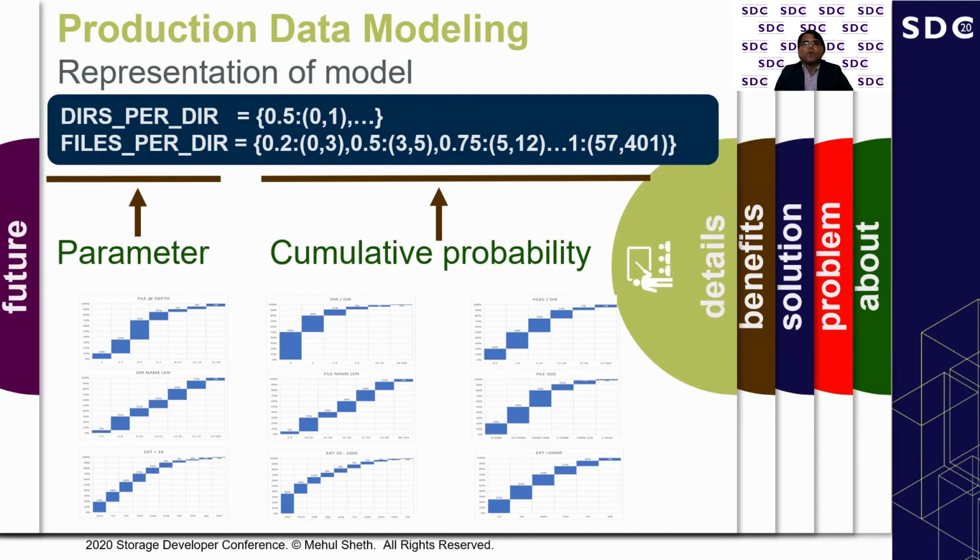Now, fitting the model, other two models of files per directory and directories per directory, it is very unlikely that I will even have a directory at depth 15. So, I will have to tweak the distribution slightly, where I have at least one subdirectory at level 10 and have 10 files in it, accounting for the last two buckets combined.